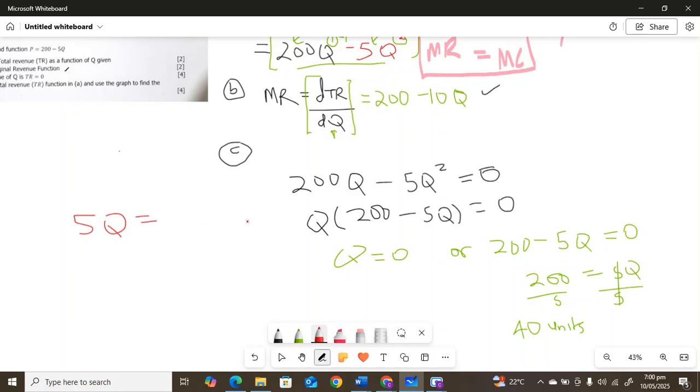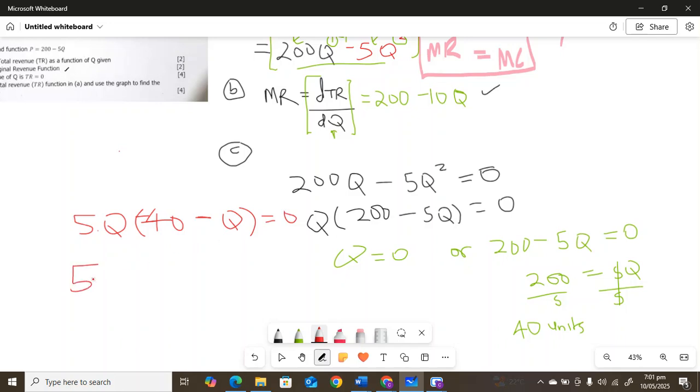So if we factorize, the common element is 5q, right? So 200q divided by 5q, that is 40, minus 5q squared divided by 5q, that is q. Then equals 0.